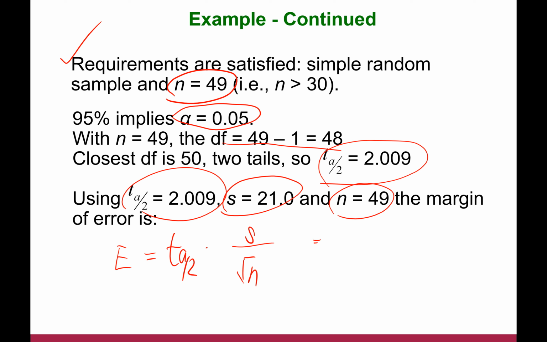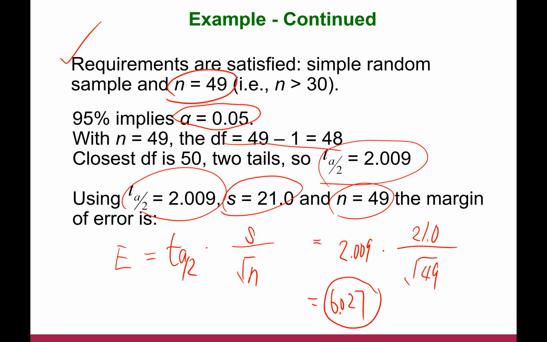So that's going to be 2.009 times 21.0 over square root of 49. The result should be, let's double check, 6.027. Okay, and that's the exact answer.